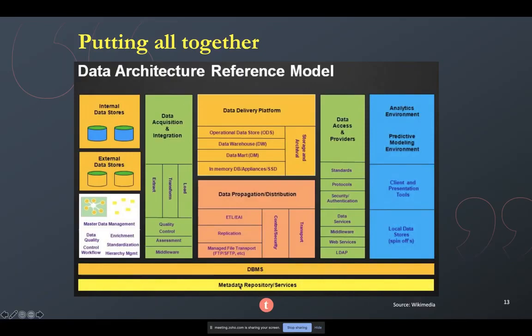So I invite you to check the reference architectures that you can find on the web, and also projects that you already had in your company, and to extract from these architectures all the different topics that I was telling you about. You will realize that in most cases, they are all there, okay?